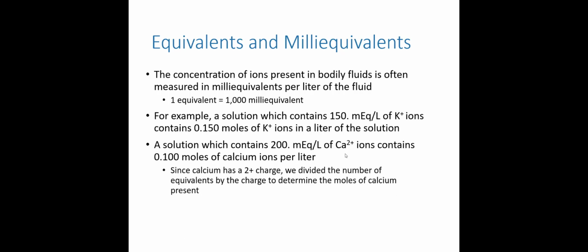Now going back and forth between molarity and milliequivalents might initially seem a little bit tricky, but there's a rather simple formulation that we can do for doing this. So let's say that we're given the molarity of an ion, and we want to find its concentration in milliequivalents per liter.